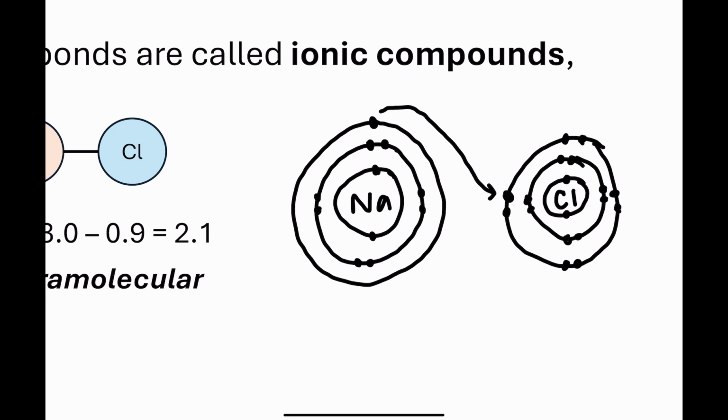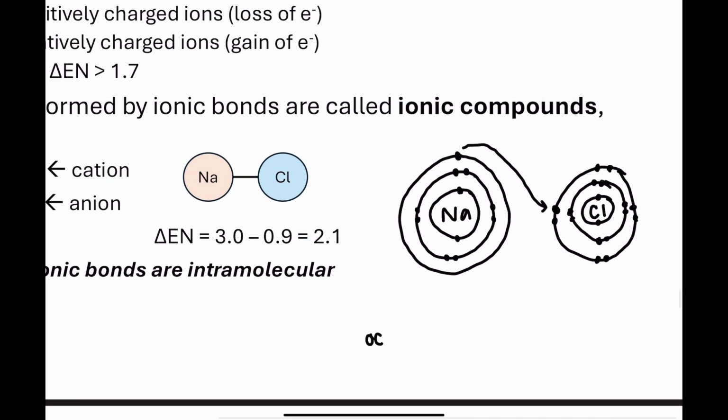So now chlorine is going to have 8 electrons in its valence shell. The concept of an atom having 8 electrons in its valence shell is called the octet rule.